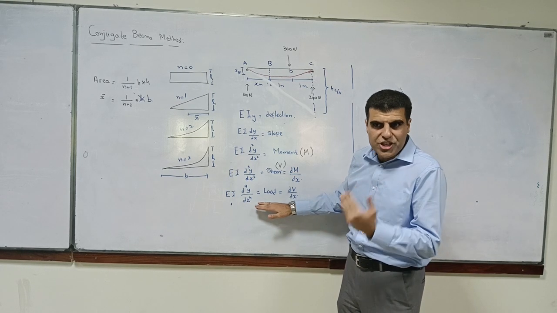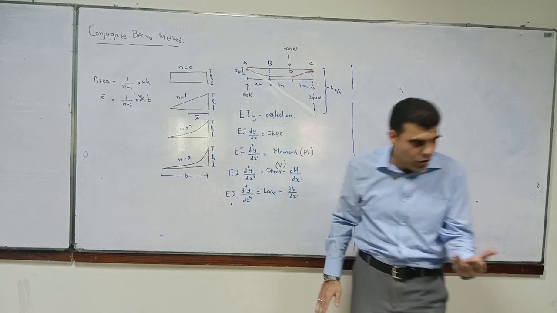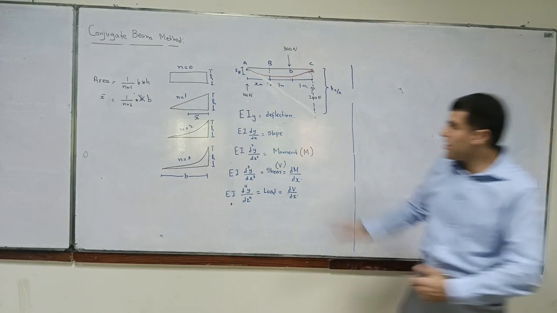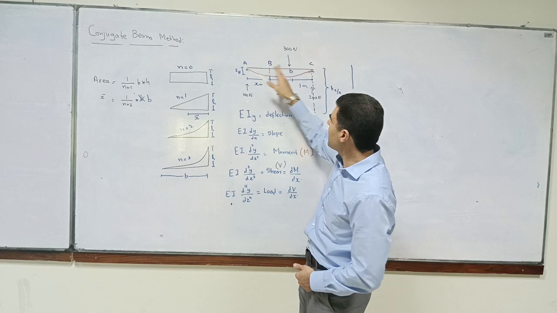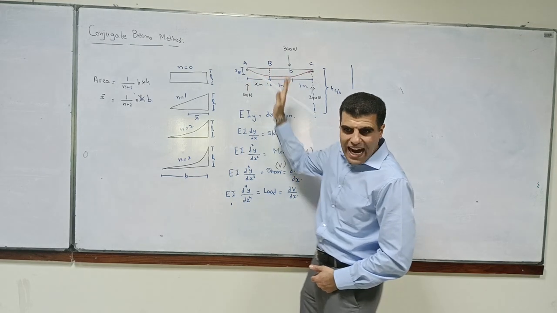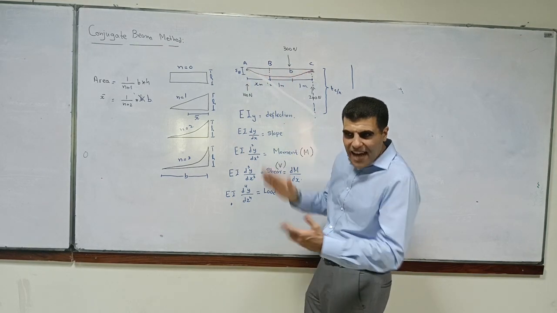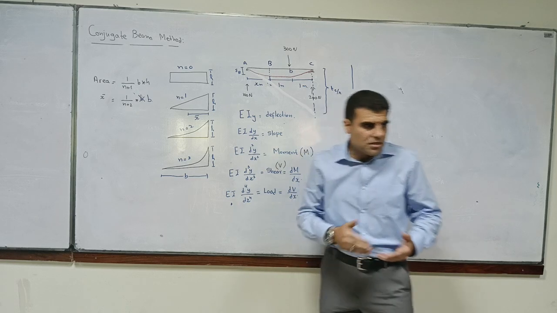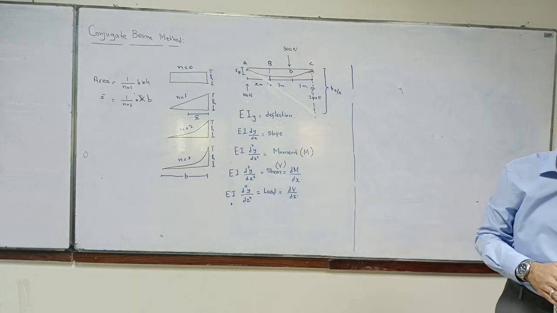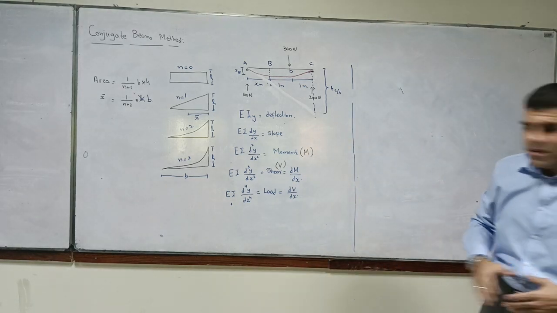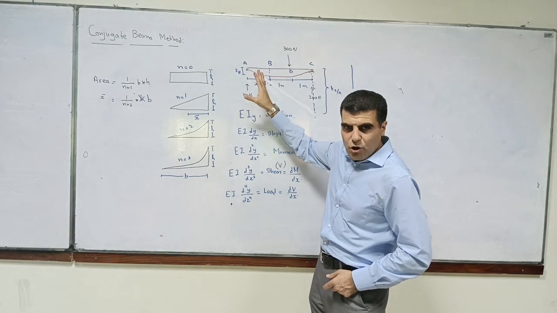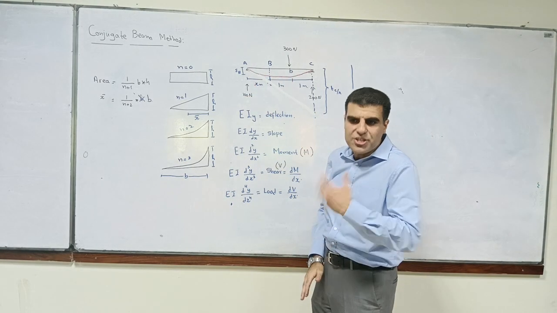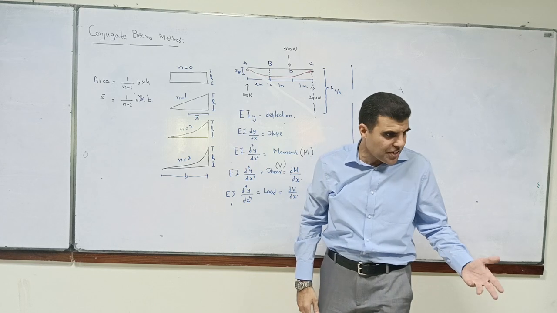All the forces which are towards the left, based on our sign convention. So if I want to find out shear anywhere in this beam, I'll take a point and find out the net force at the left, in other words, the summation of all the forces to the left. That's my shear, isn't it?